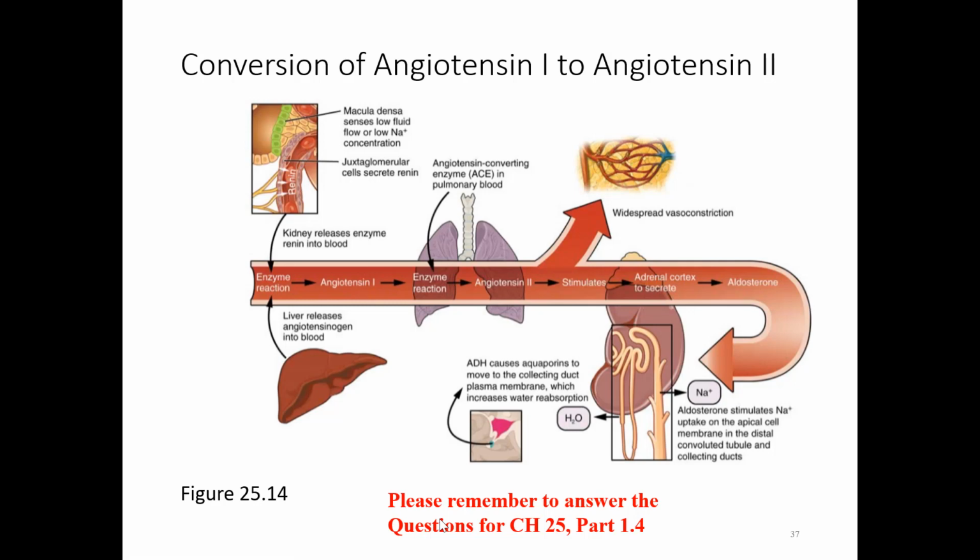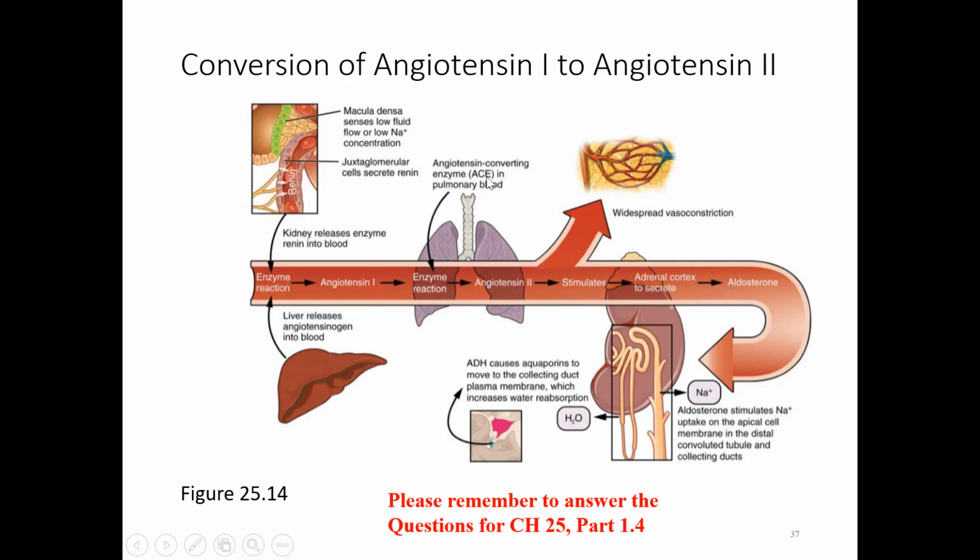You can memorize it better if you look at this picture 25.14. So right here, juxtaglomerular cells produce the hormone renin. It goes to the blood. The liver releases a substance called angiotensinogen, which also goes to the blood. Under the influence of renin, angiotensinogen turns into angiotensin 1.